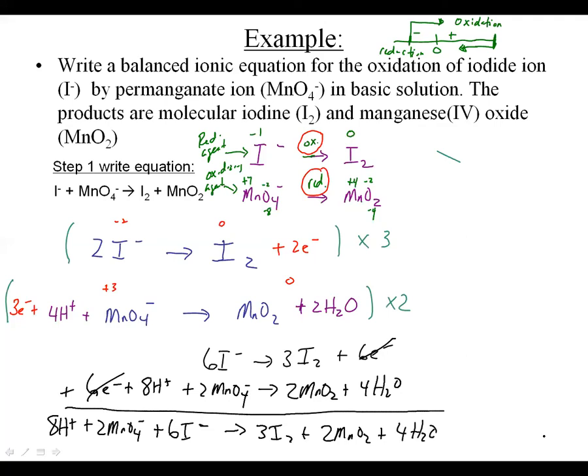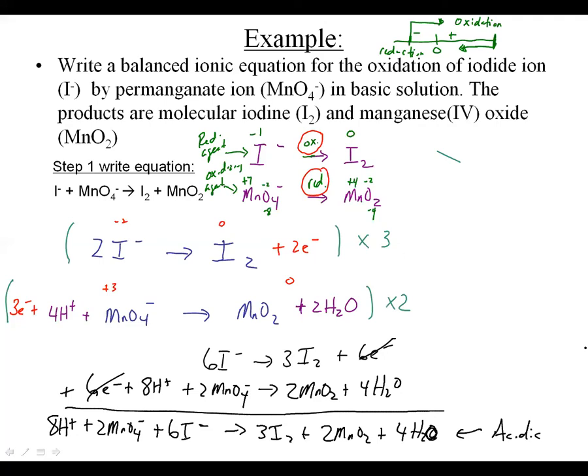And if I did everything correctly, this would be the equation that would be balanced for acidic conditions. Any questions on that before we finish it up here? By the way, if we look at it just to verify that we didn't mess anything up, we have 8 hydrogens on the left, 8 on the right.